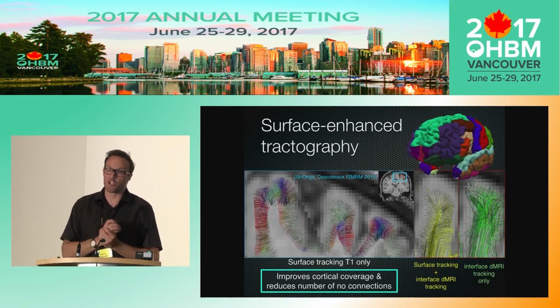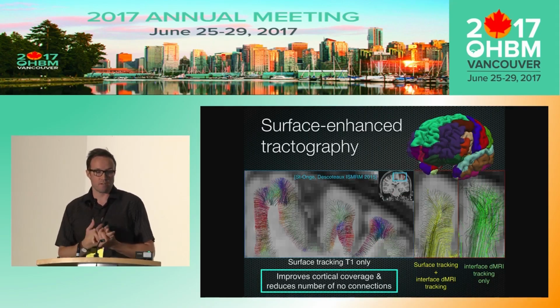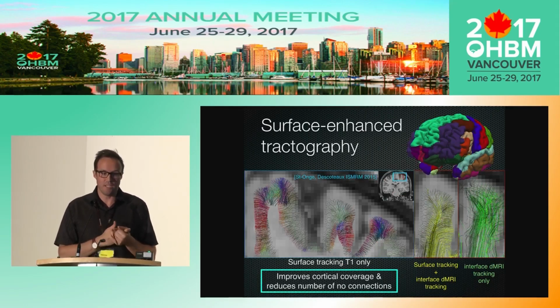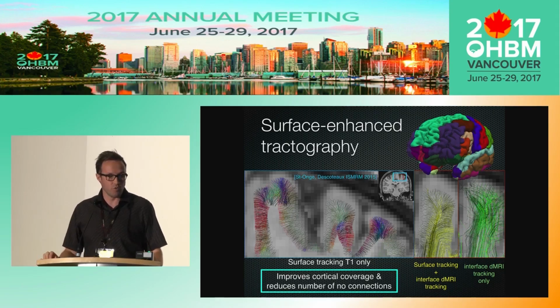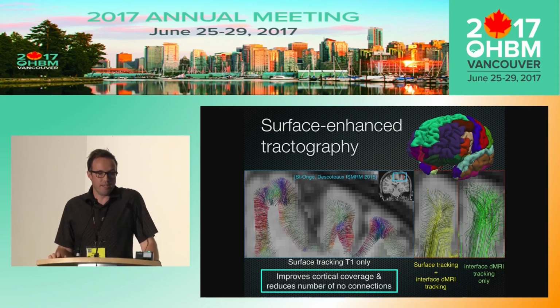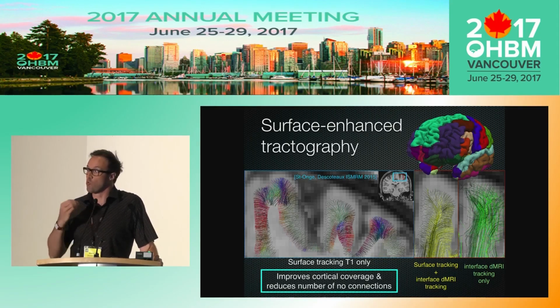So the next generation of tools that's coming is not easily done yet. I am not aware of a public software that's doing that yet, because it is a challenge. The next generation of these tools will use the cortical surface and the actual mesh to initiate tractography.